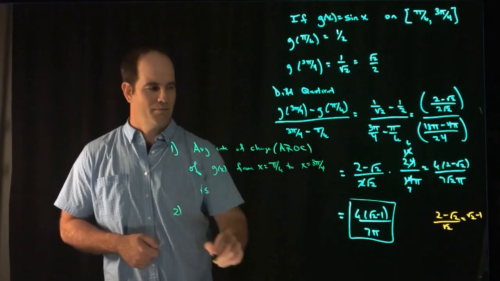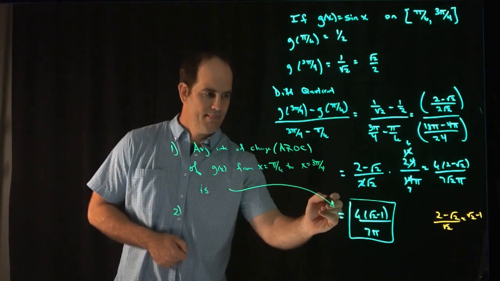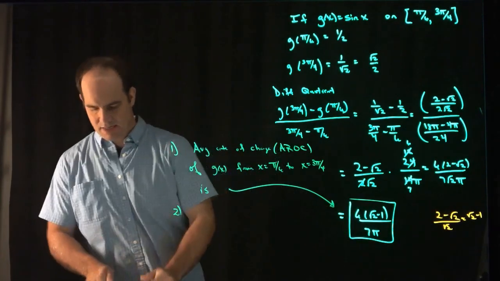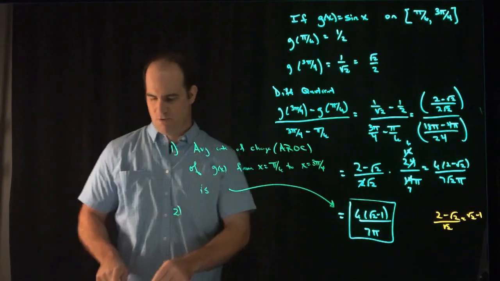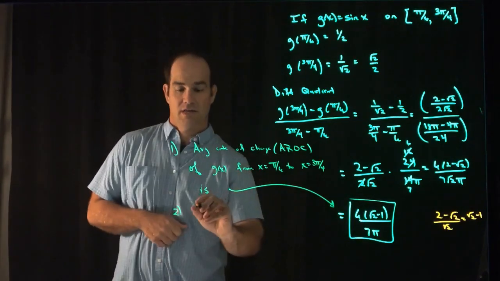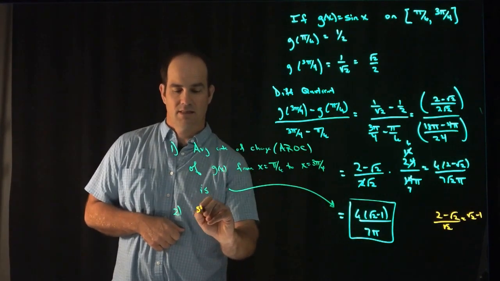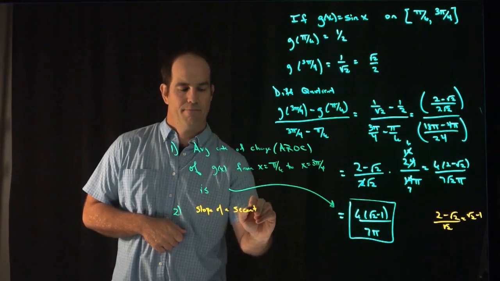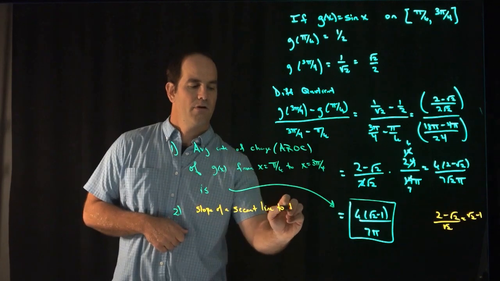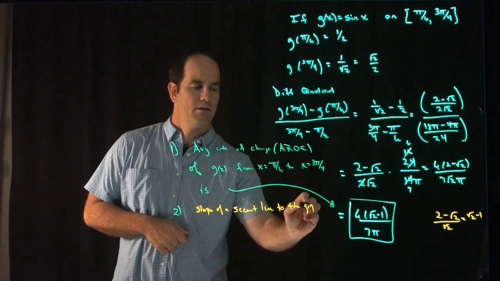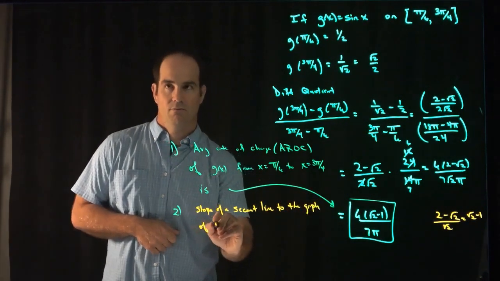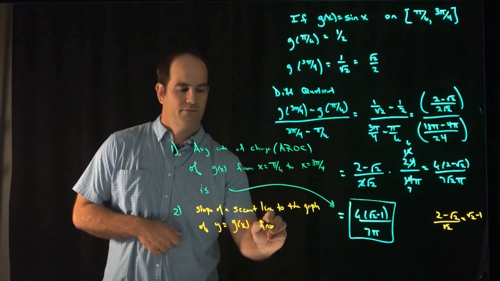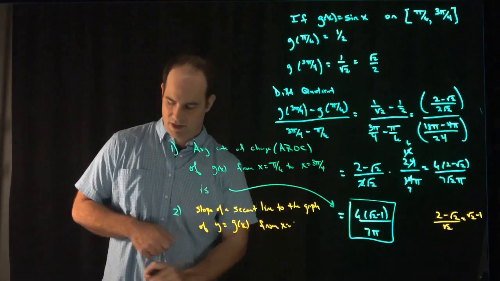Give me a minute, I'm going to reference that. And I could also say, we've got the algebraic look here, I could also say that this represents the slope of a secant line to the graph of y equaling g of x.